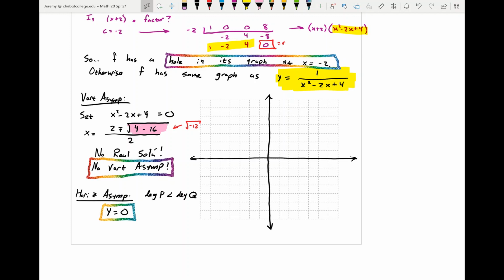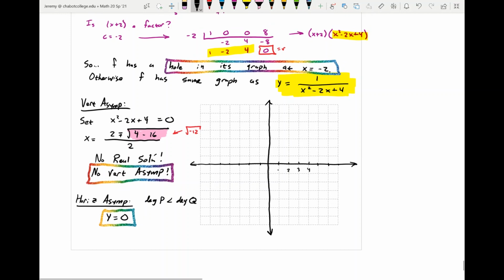Along the x-axis, I'm just going to count by ones, so that will be 1, 2, 3, 4, and so on. So normal scale along the x-axis. But along my y-axis, my output values are going to be pretty small.